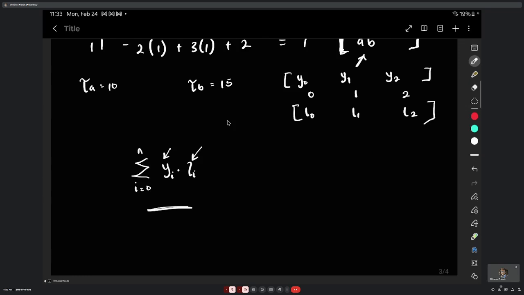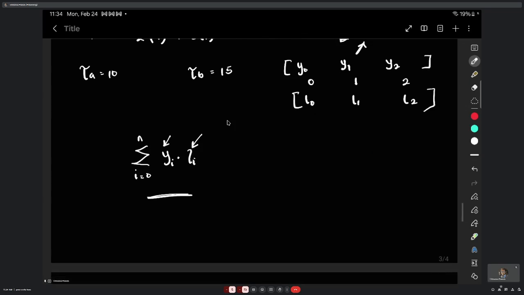So you can think of any polynomial, whether it's univariate, multivariate, or multilinear, as this: the evaluation times the sum of the evaluation and its corresponding Lagrange basis.